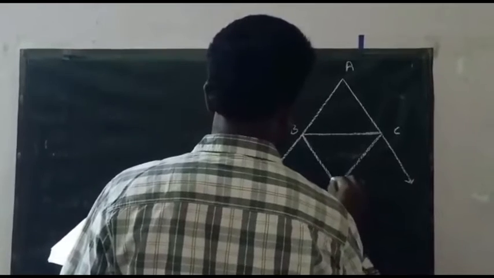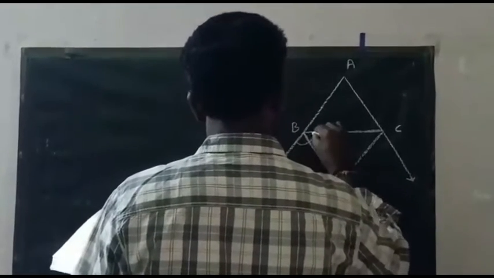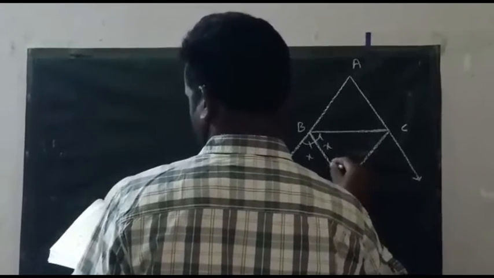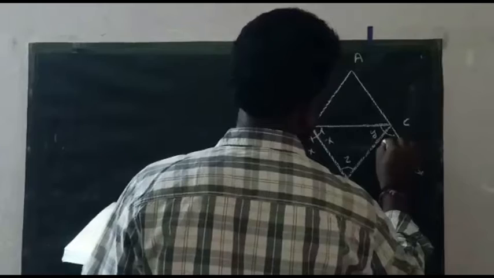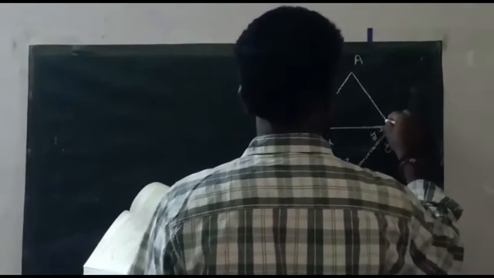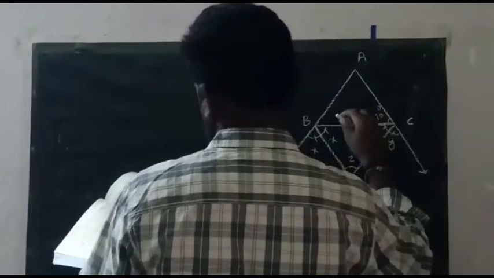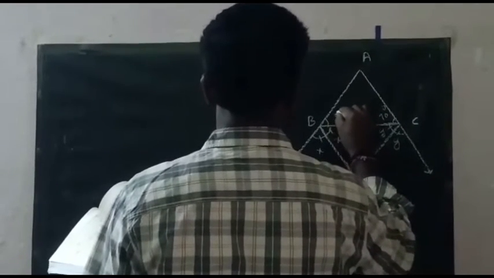This is O. This is Z. X, X. Next, Y, Y. This angle is equal to 70 degrees. This angle is equal to 50 degrees.